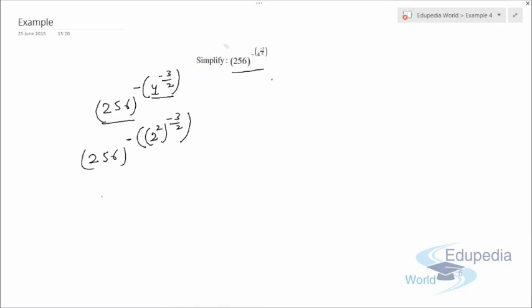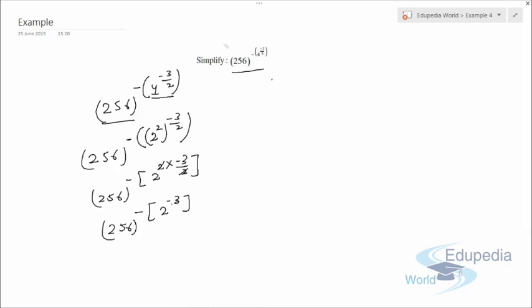So it can be written further as 256 raised to power minus (2 square, so it will be 2 into minus 3 by 2, so this and this will cancel out), bracket close, so it will be 256 raised to power minus 2 raised to power minus 3.